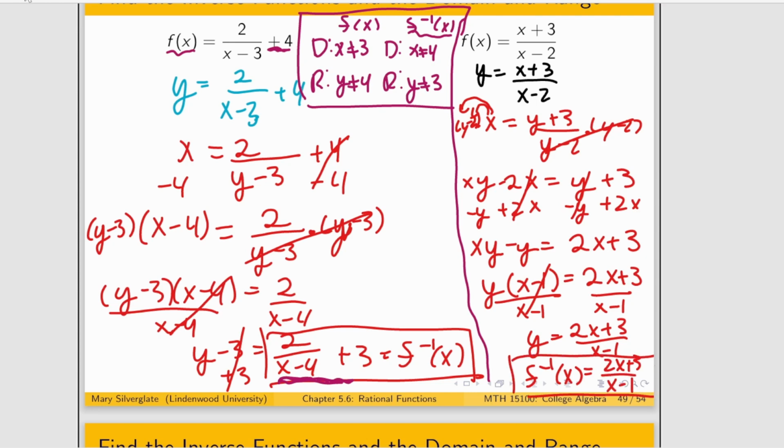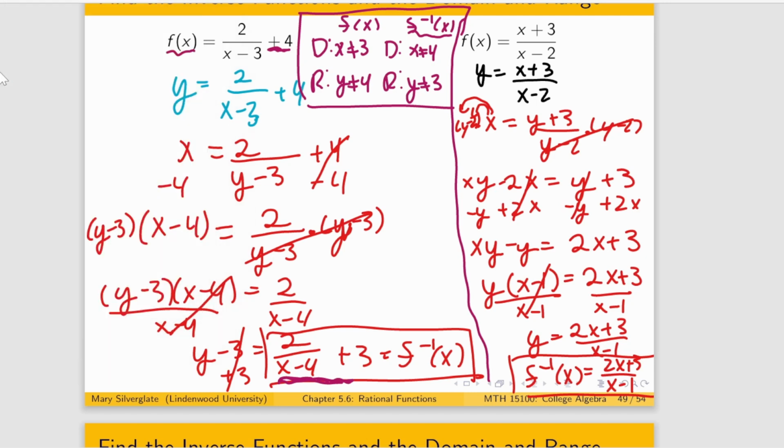And now I can think about both the domain and range of the original and the inverse here. On the original, the domain is that x cannot be 2. So that is the range on the inverse, that y cannot be 2. On the inverse, the domain is that x cannot be 1.